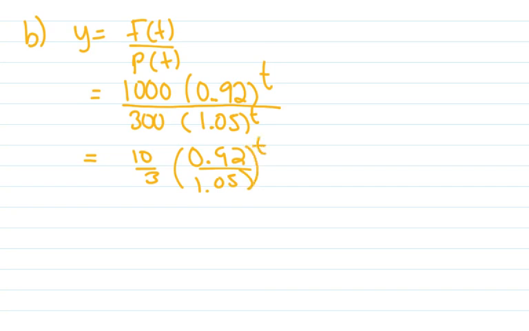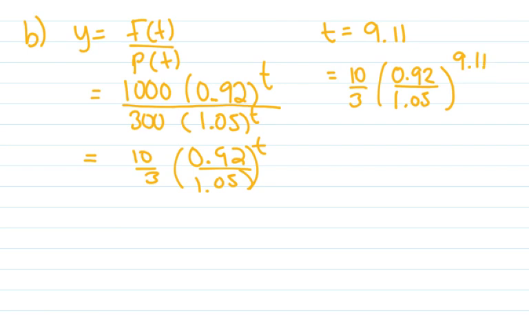And now if we plug in 9.11, which was the crisis point for these functions, t equals 9.11, that equals 10 over 3 times 0.92 over 1.05 to the power of 9.11.